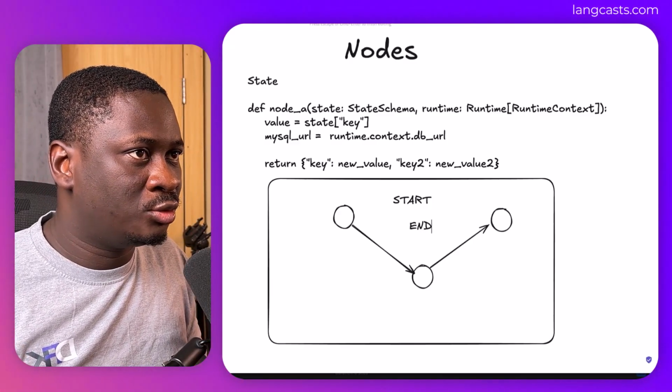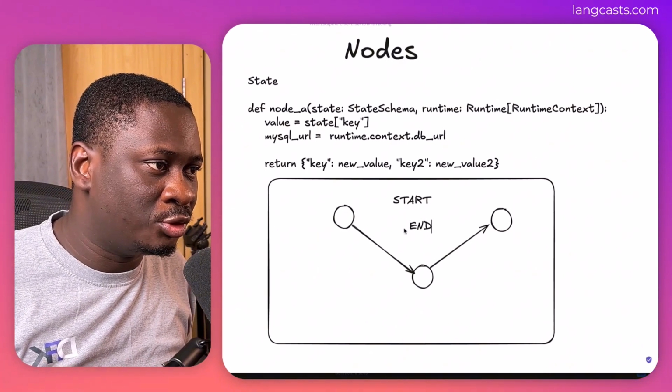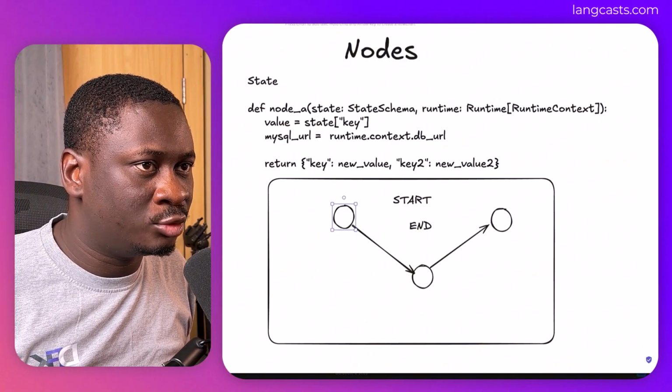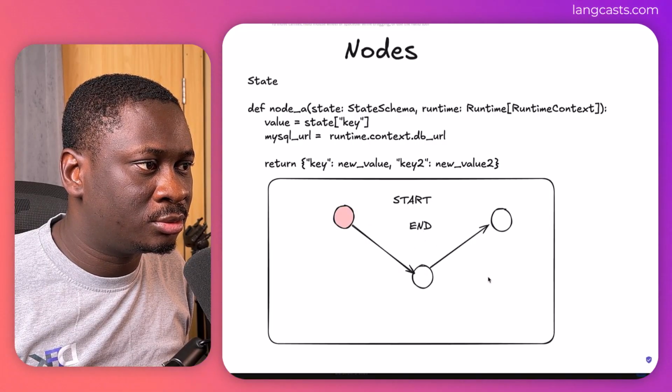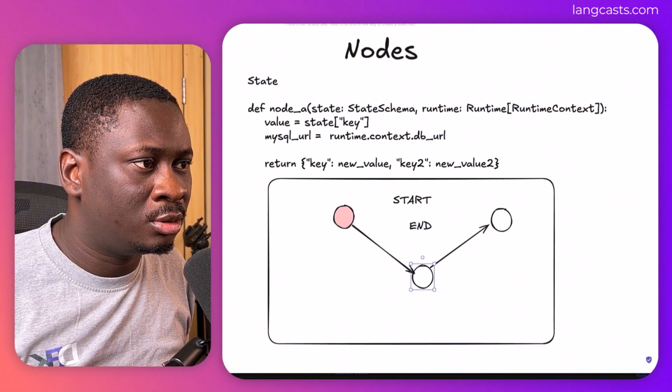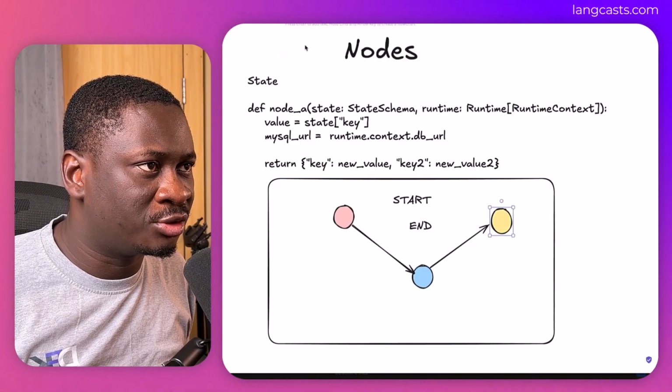This is where you say graph run complete. So as you build your graph, let's say you go from this node, then you go to that node, then this node. Then when you get to this node, you want to terminate your operations.